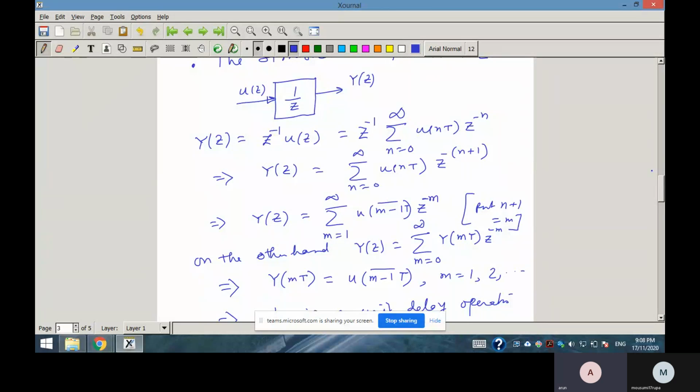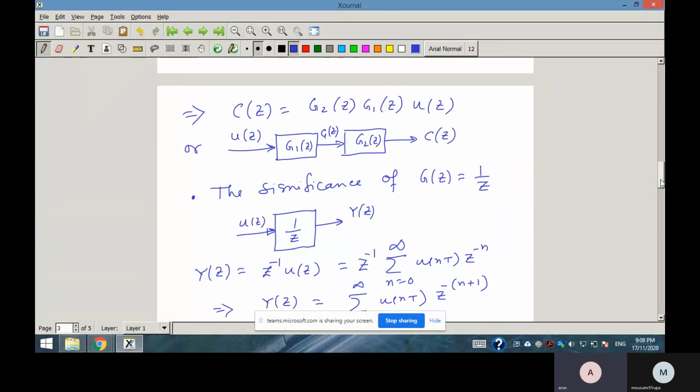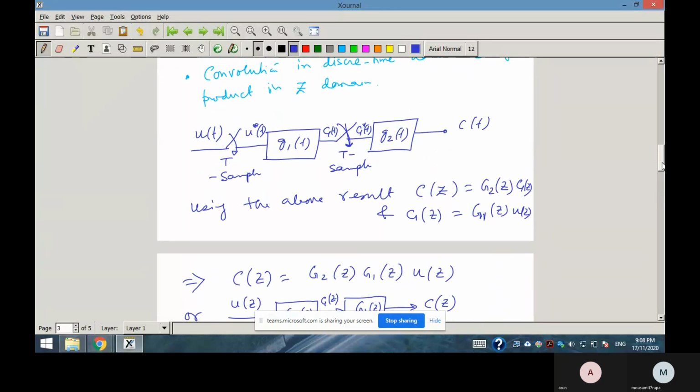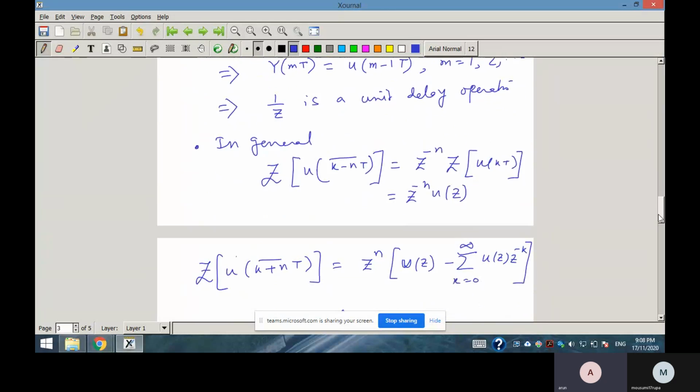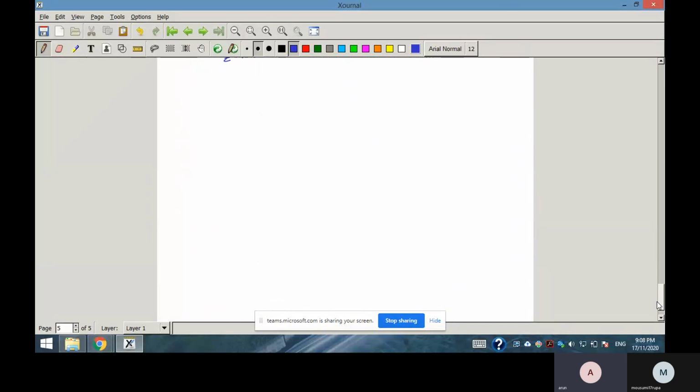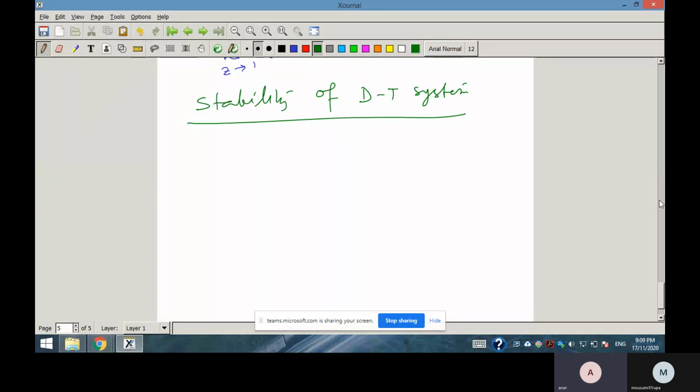Now, what do we mean by the stability of G(z), a discrete time transfer function? So how do you analyze the stability of a discrete time system?